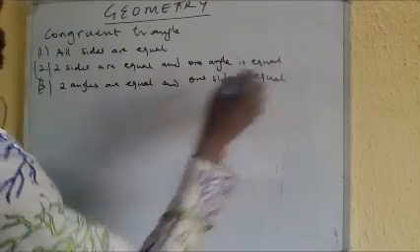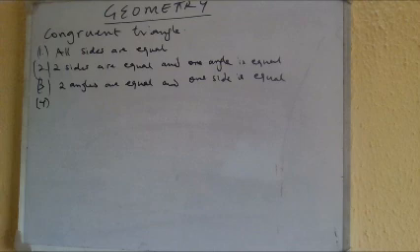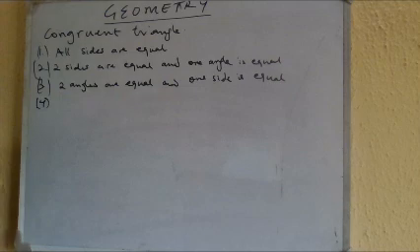And number four: if you have two right-angle triangles, to test for congruency, the hypotenuse of one triangle is equal to that of the other, and also one side.